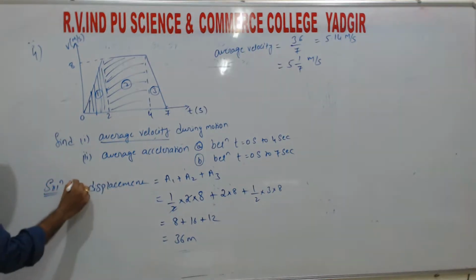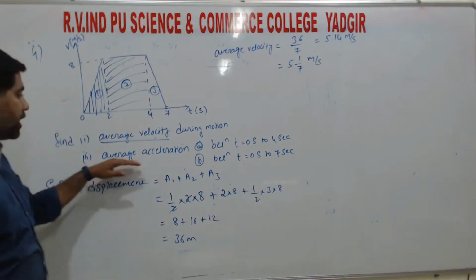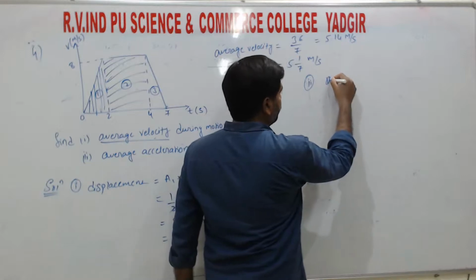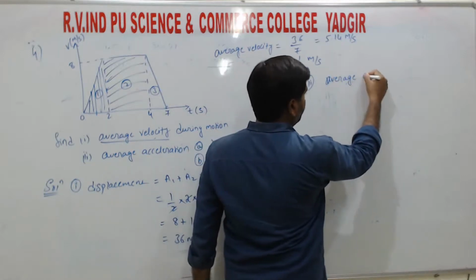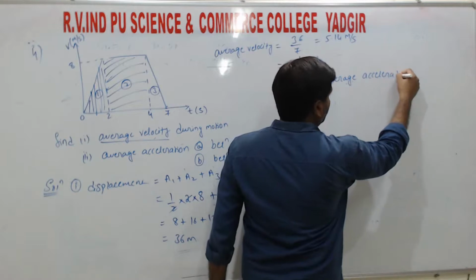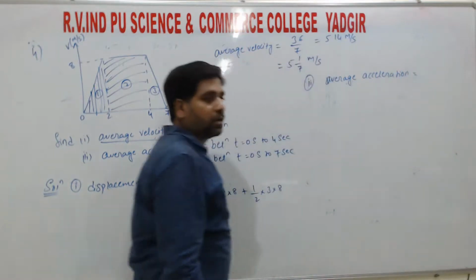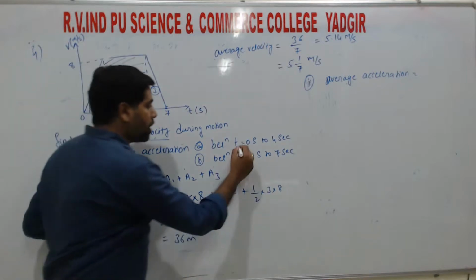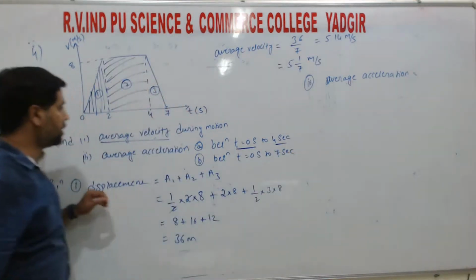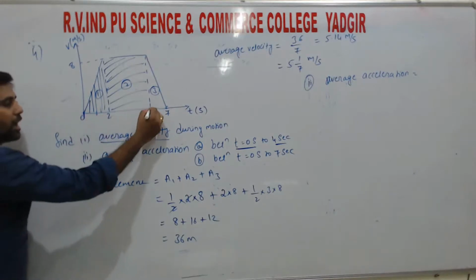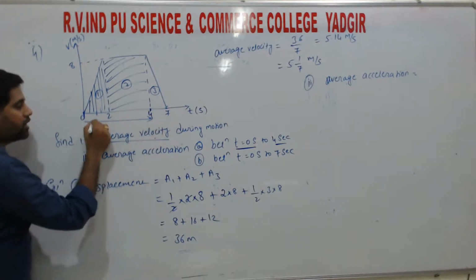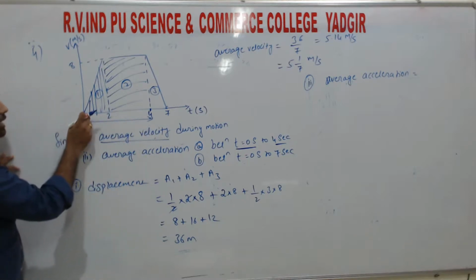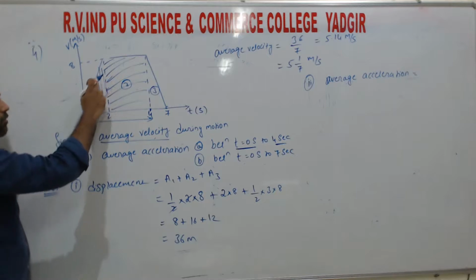So next, the second one. For the second, average acceleration. Average acceleration is change in velocity with respect to time, right? They ask for 0 seconds to 4 seconds. That means the object starts from here and goes to here. We need to find the average acceleration from 0 to 4 seconds. In this interval, it's gradually increasing its velocity, right?